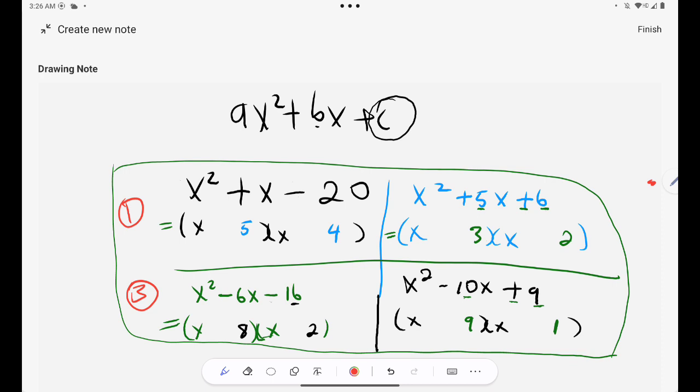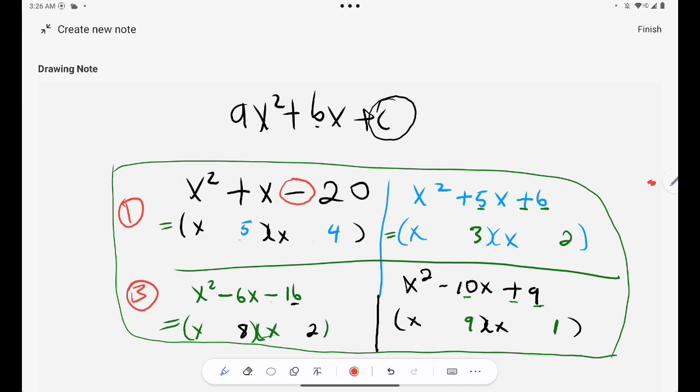Since this guy here is negative, please write this down, guys. Remember, this is very important. Since the constant term is negative, it simply means that our two brackets will have different signs. Are we together? Since they will have different signs, one bracket will have a plus and another bracket will have a minus.